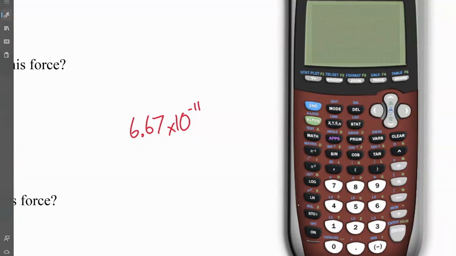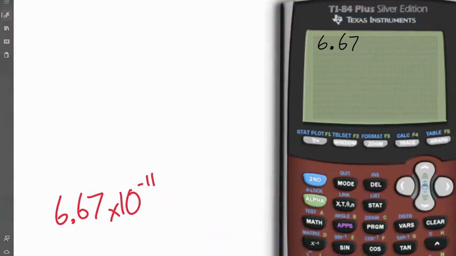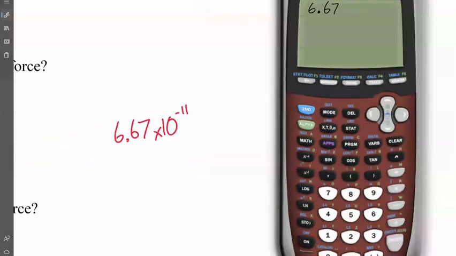So it'd be second, comma would get you to that EE. That means times 10 to the. So we would type in, and this is how you would see it show up in your calculator, 6.67, right?